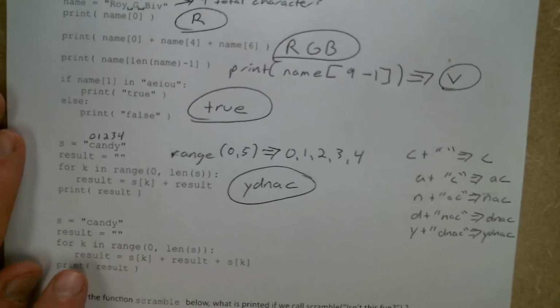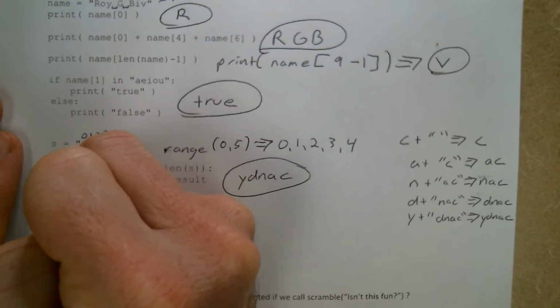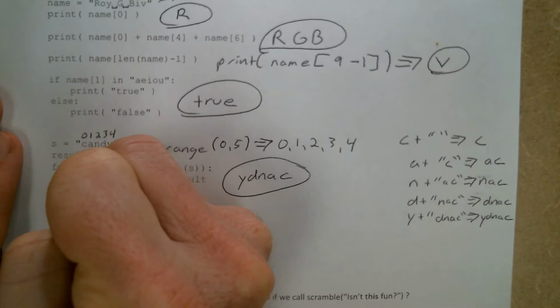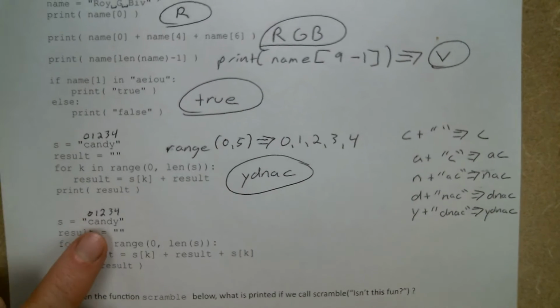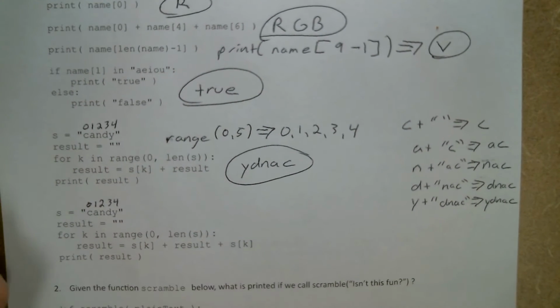Now let's take a look at what happens with this one. We're using the same string, S equals candy, so it's going to have the same 0, 1, 2, 3, 4. Result is still the empty string, and we're using the same exact loop, so it's just going to work its way through the entire word.